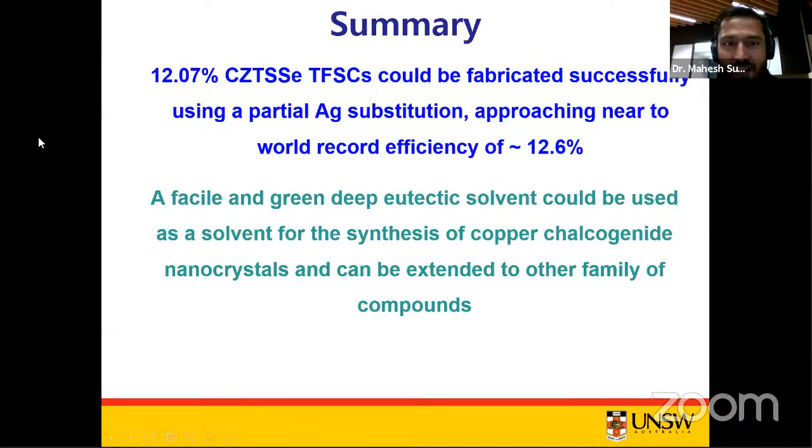They work well, but the problem, as I said in my last few slides, is that these compounds usually contain sulfur and selenium. In dye-sensitized cells, the stability of CZTSSe is not so good in aqueous electrolytes.